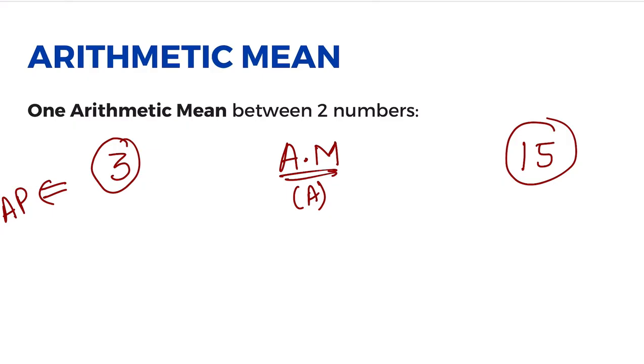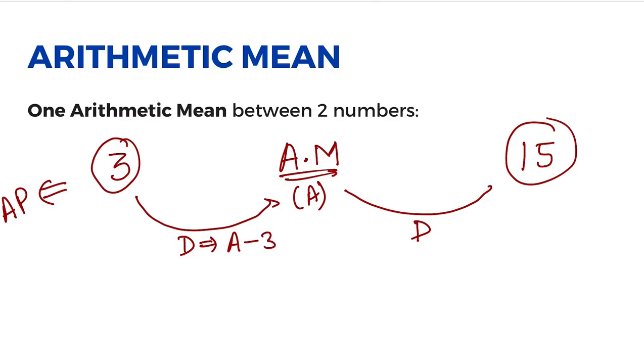Simply, you know the property of an arithmetic progression: the difference between the first two numbers, let's say d, and the difference between the next two numbers, d, should be equal. The difference between the first two numbers is a minus 3, and the difference between the next two numbers is 15 minus a, subtracting the smaller number from the larger.